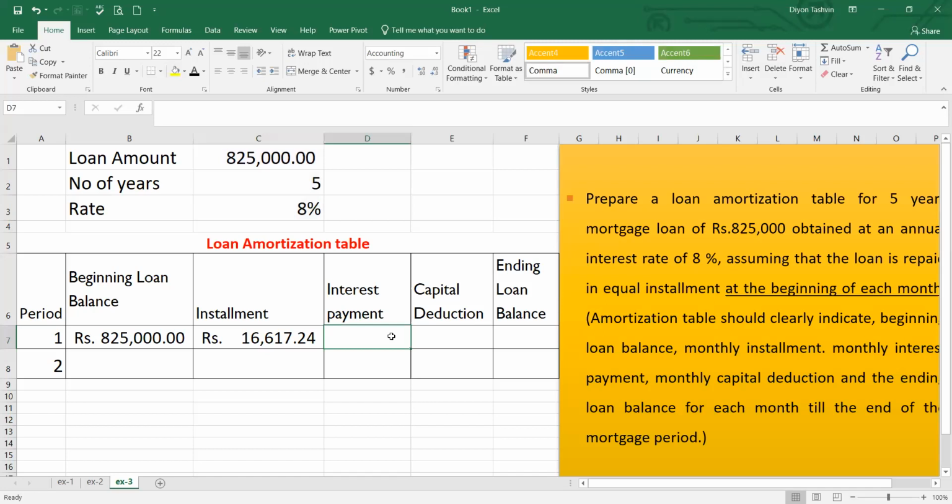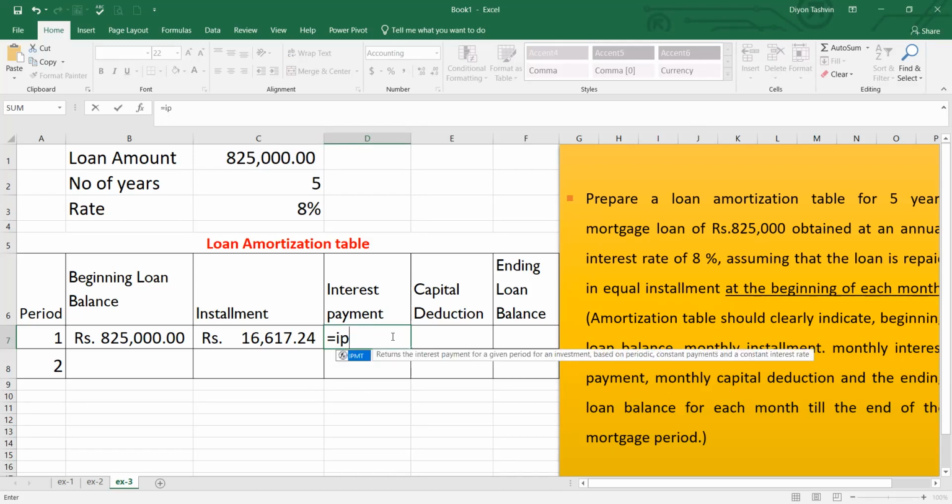Then next, we have to put the interest. To put the interest, we have to use the IPMT, which means the interest on payment formula. So here, we have to put the rate first.